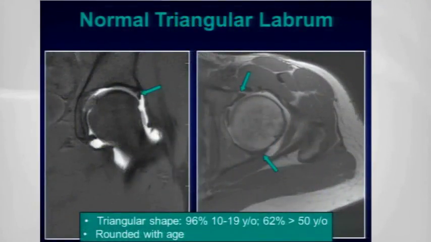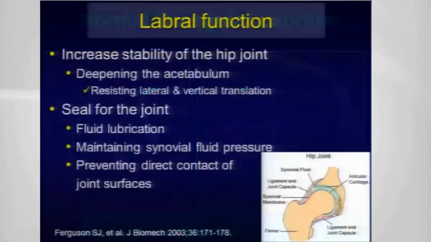Here's an example of the normal triangular appearance of the labrum, whether you're looking at a sagittal, coronal, or axial acquisition. In the majority of patients between 10 and 19 years old, it's triangular, but as we age, it can become more rounded. So just keep that in mind.